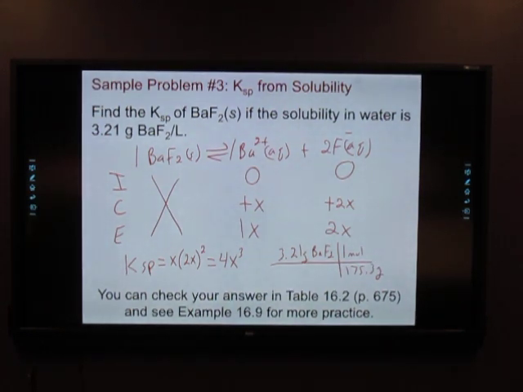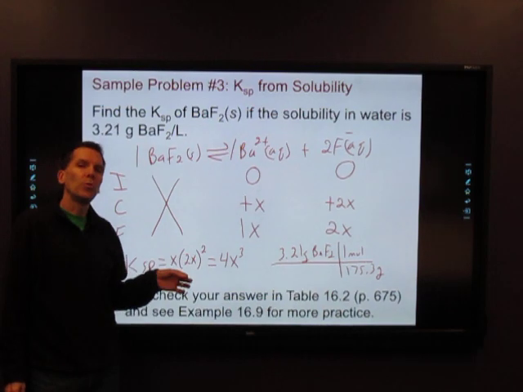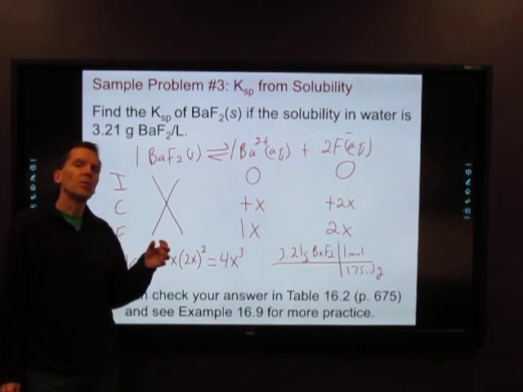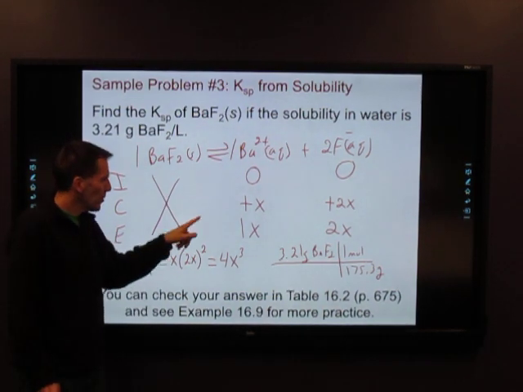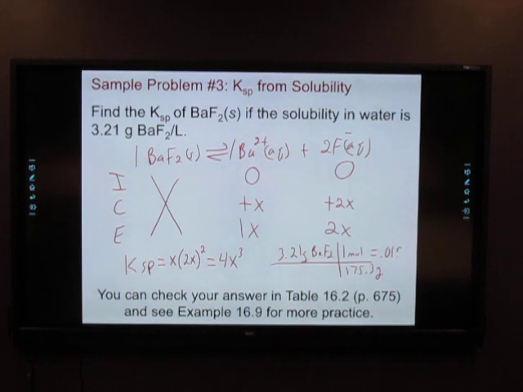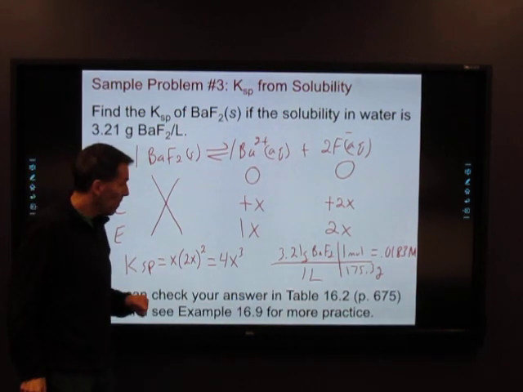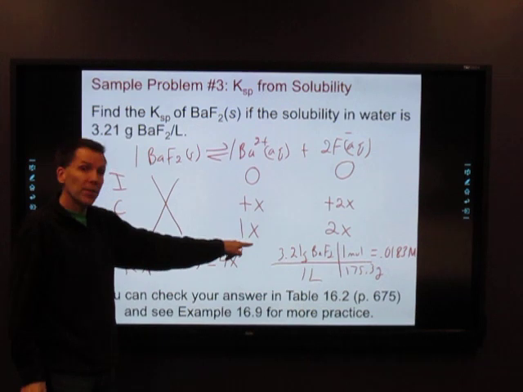When you divide that out, you get 1.83 times 10 to the minus 2. And so it's 0.0183. And so that's x. Because now it's in moles per liter. And so that goes in for X.